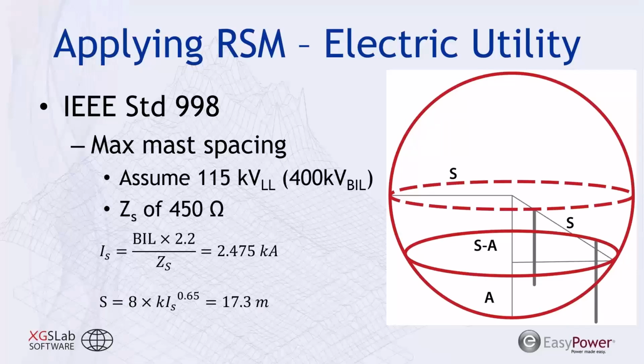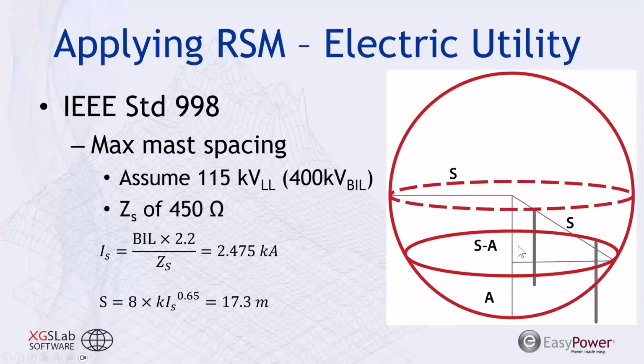So that will feed into our minimum stroke current, which would be approximately 2.5 kA in this instance, which then feeds into our minimum sphere size, which is 17.3 meters, otherwise known as 55 feet. So that is going to give us our sphere.